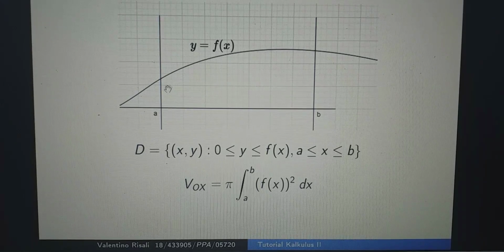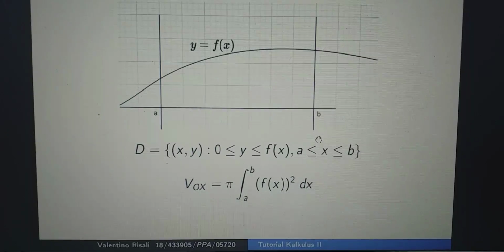We have a curve y equals f(x), the line x equals a, and also the line x equals b, and we get a region D bounded by this curve y, this line, the x-axis, and this line.